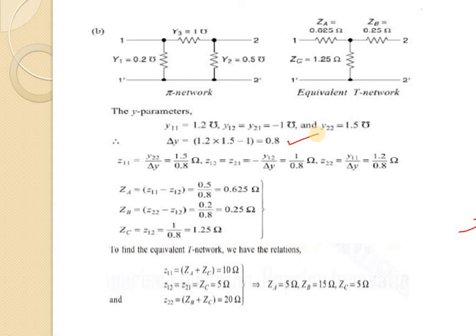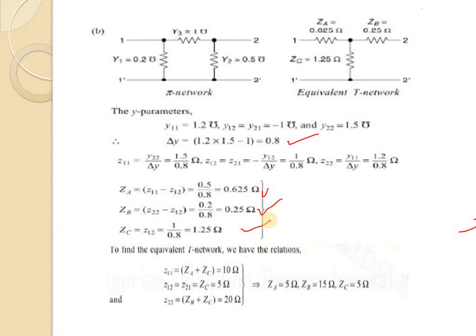Now we have directly taken the relationship of Y and Z, and calculated all the values of Z11, Z12, Z22, Z21. From there we calculated ZA, ZB and ZC to form the equivalent T network. We know that ZA equals Z11 minus Z12, ZB equals Z22 minus Z12, and ZC equals Z12. Thus we have converted the pi network to the equivalent T network.